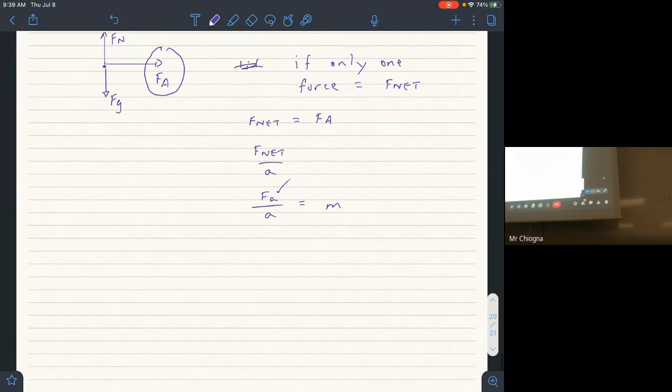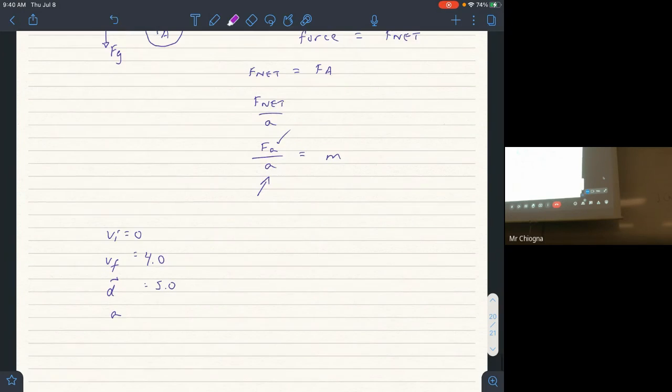Acceleration, I need to find. So let's make a list of what we're given. We're given the initial speed is 0, accelerates from rest. Final speed is 4. The distance it accelerates is 5. And you want to find the acceleration. That's your list.